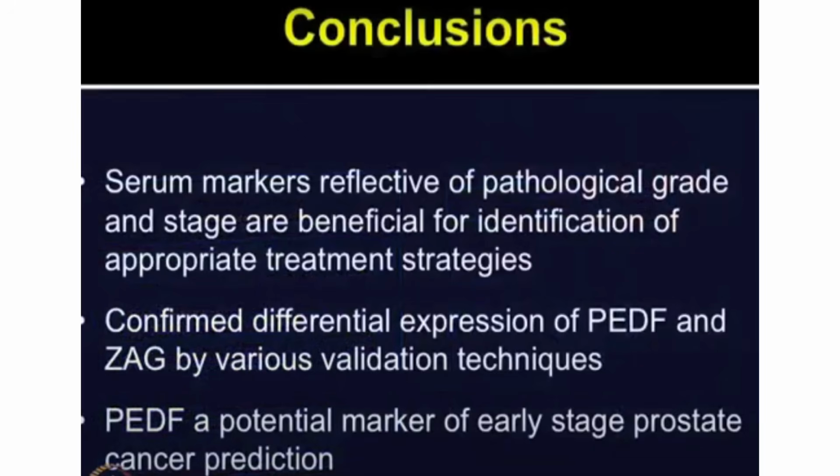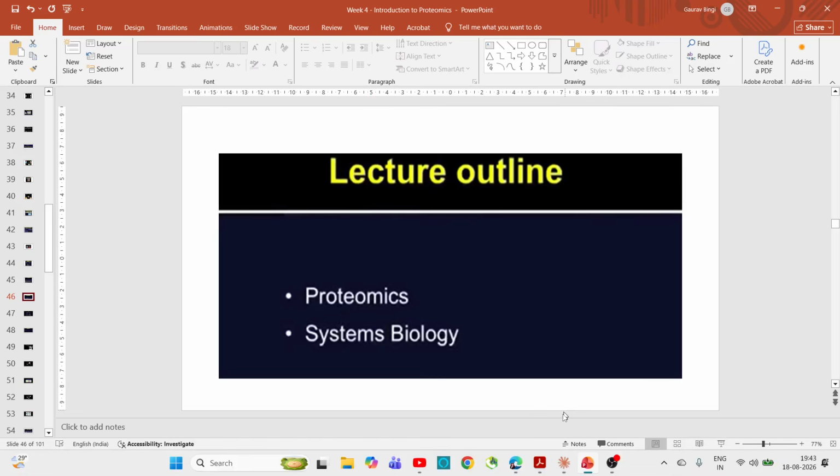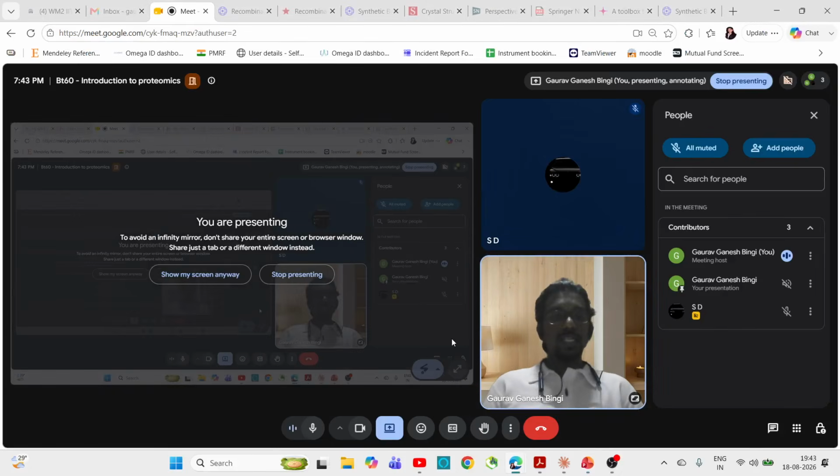So in week four, in the third part of the lecture, we talked about systems biology a bit. I already explained, but have you heard about systems biology anytime earlier?